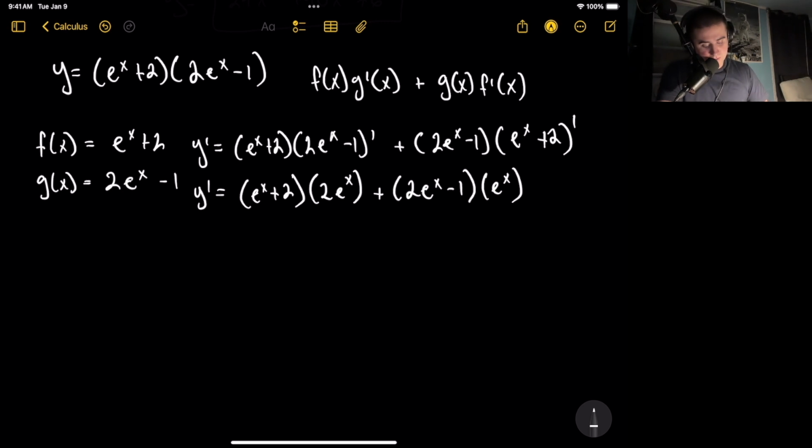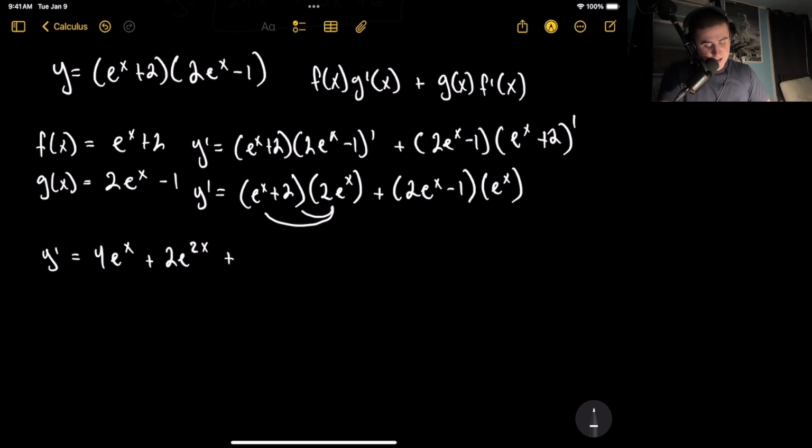And now we're going to drop down to y prime is equal to, now we'll distribute this e to the power of x to the two terms over here on the left side. That's going to be 4e to the power of x, and then plus 2e to the power of 2x.